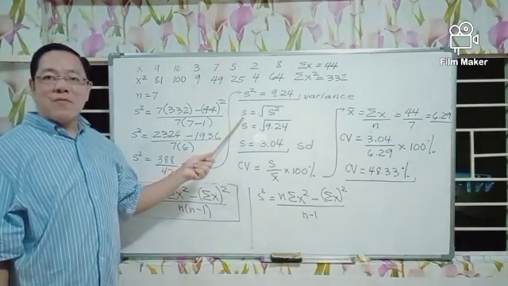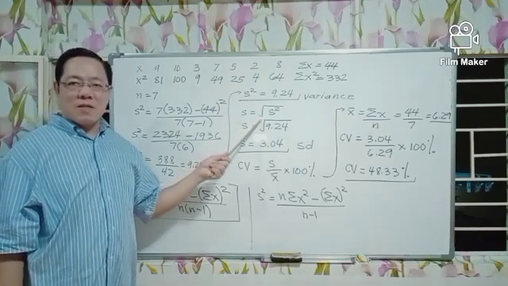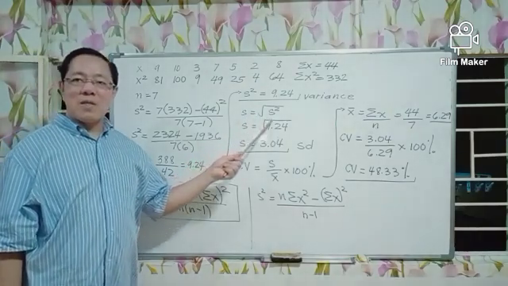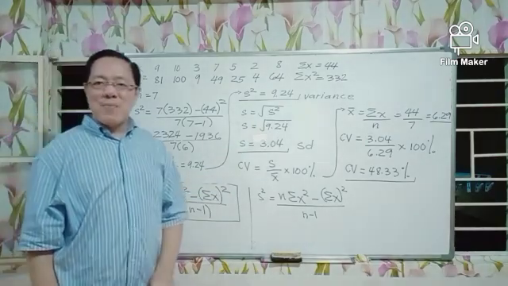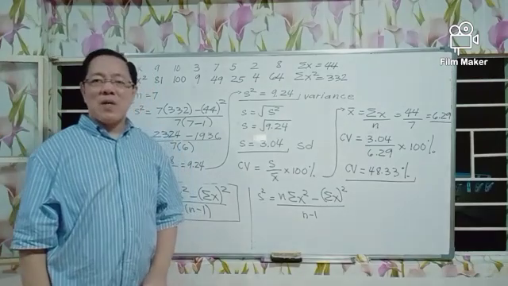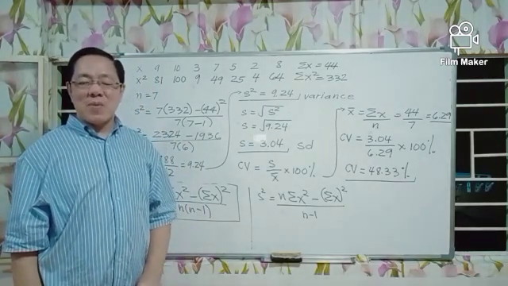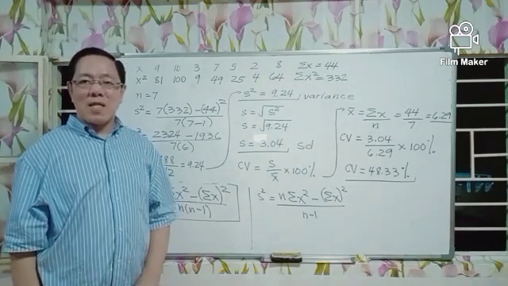And the standard deviation is defined as the principal root of the variance. That is the square root of the variance s squared. From the earlier lesson, we defined principal root as the positive root of a positive real number, because any positive real number has two roots, one positive root and one negative root.